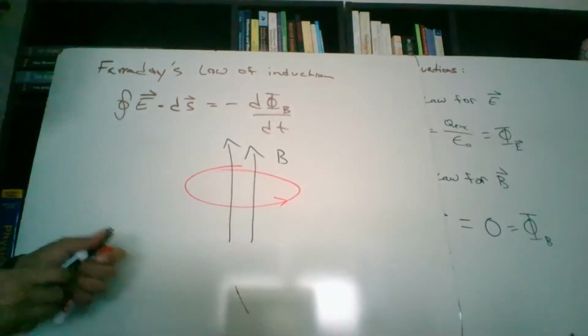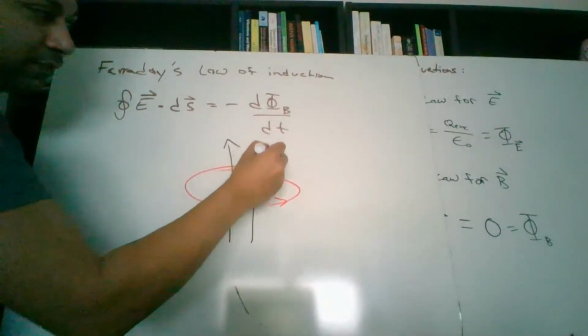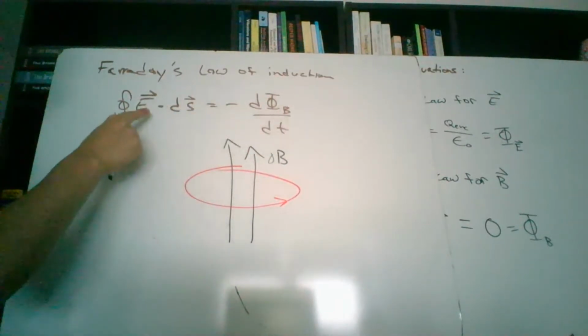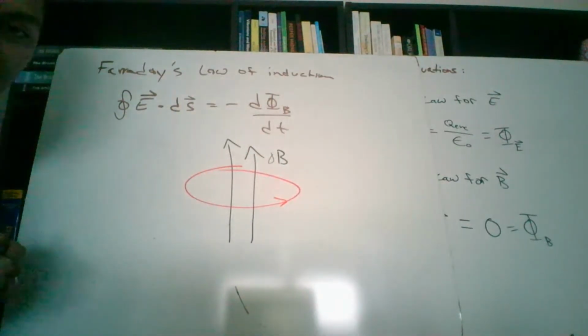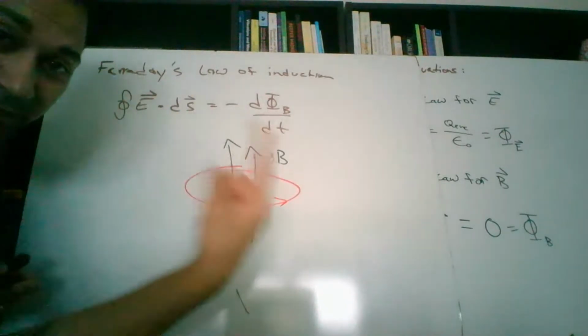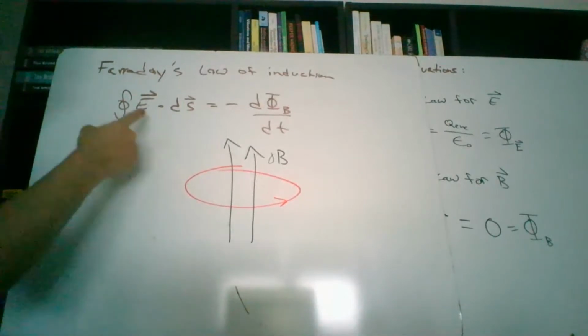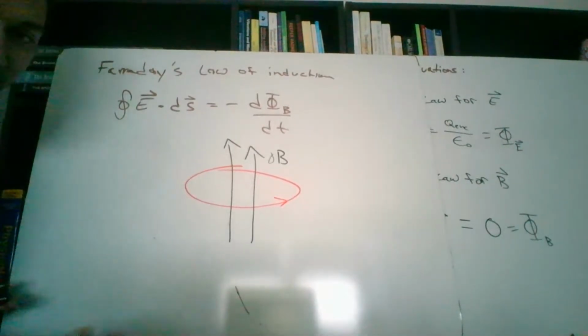So if you change the flux, in this case we're changing B, you will get an electric field, and the electric field is what's causing the current to go around. If you don't have an electric field, you're not going to have current.